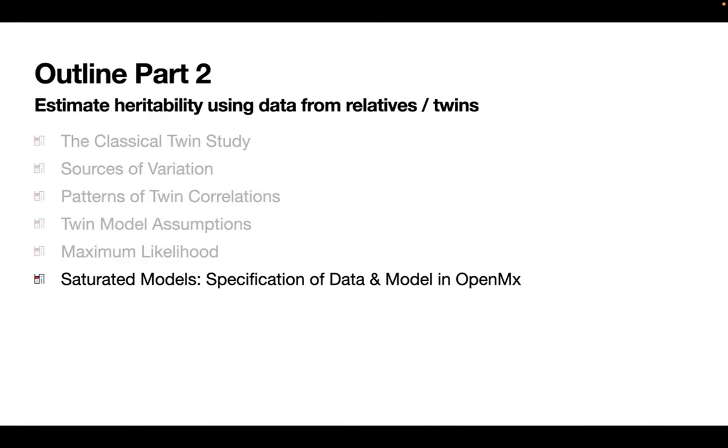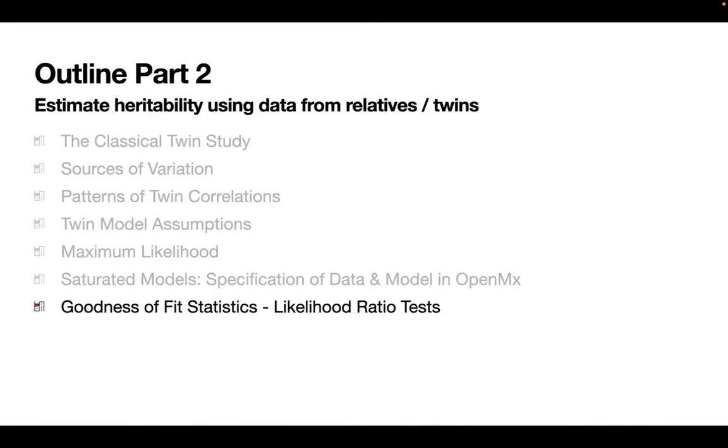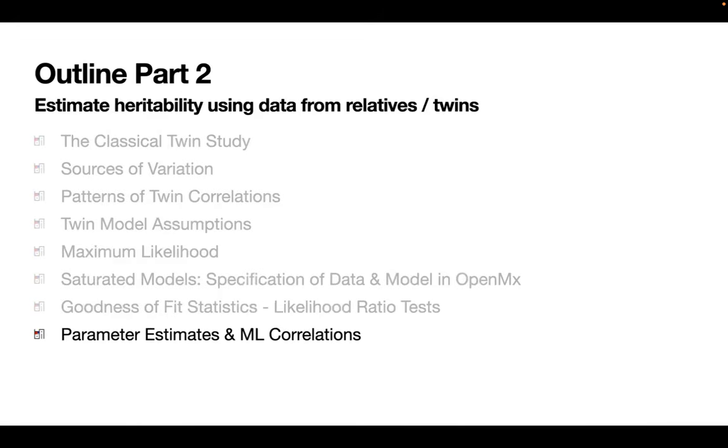We will do this in OpenMx. We will show how to interpret the goodness of fit statistics and the likelihood ratio tests, as well as the parameter estimates and the maximum likelihood correlations estimated in OpenMx.